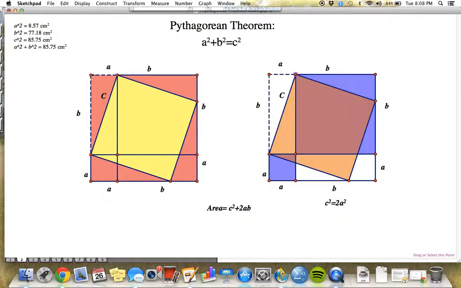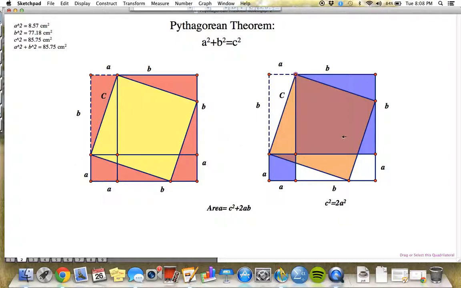So much like in the previous screen where we saw we had 4 areas of 1/2 a squared, we see that we have 4 areas of 1/2 AB. Okay, so the area of this structure is c squared plus 2ab. Again, c squared is this inscribed square, and we have our 4 triangles of 1/2 AB.